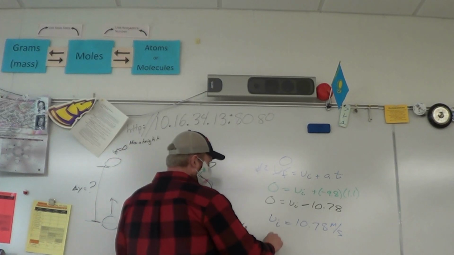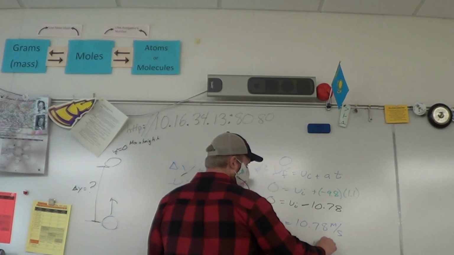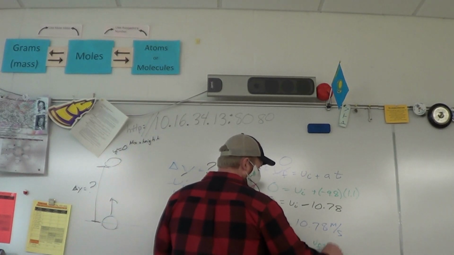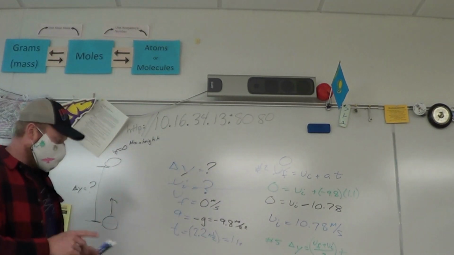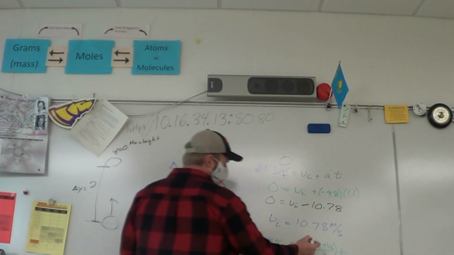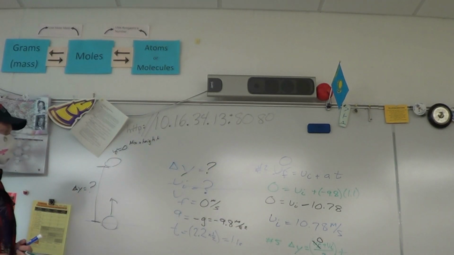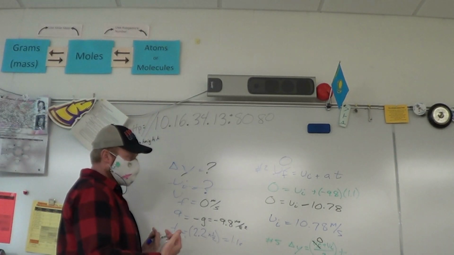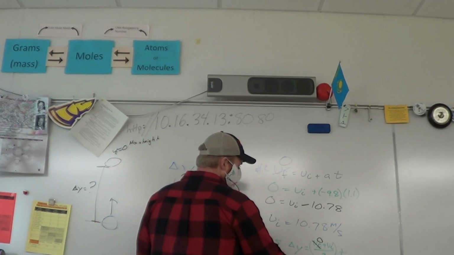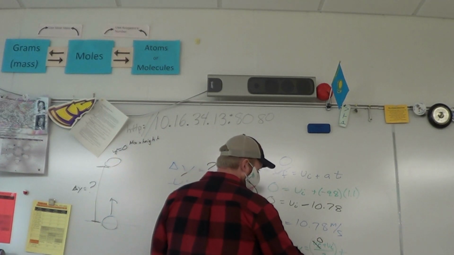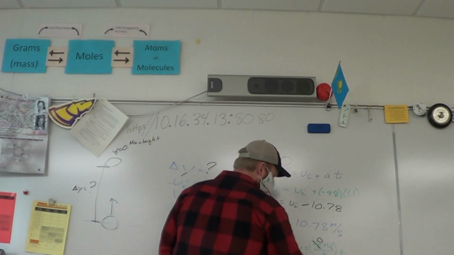So we look at 5, and we can say delta y is equal to VF plus VI divided by 2 times T. Because at maximum height the velocity is 0, what we're left with is VI divided by 2 times T. So delta y is equal to 10.78 divided by 2 times 1.1.